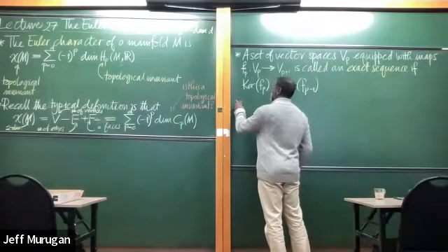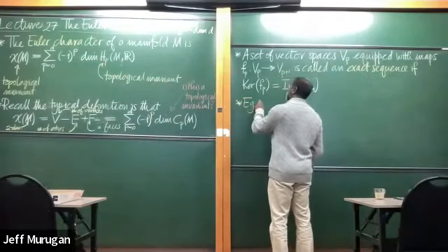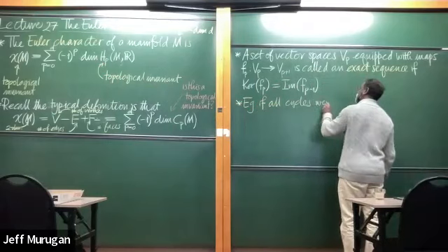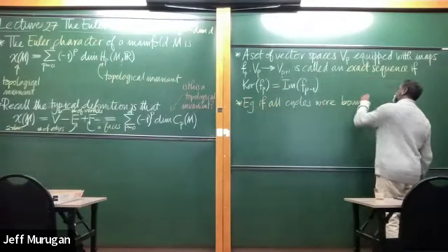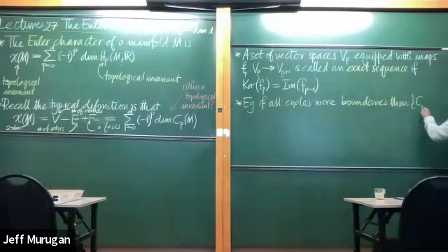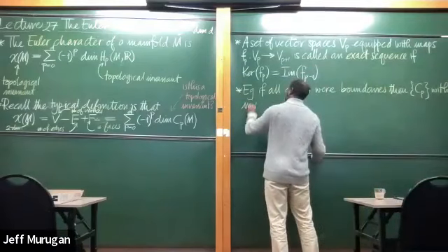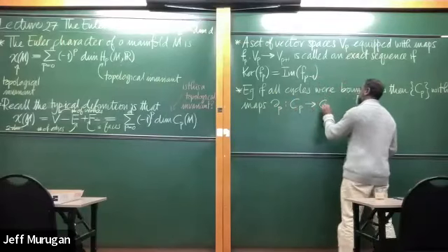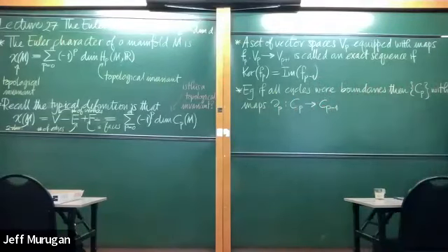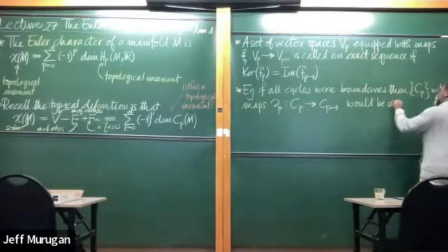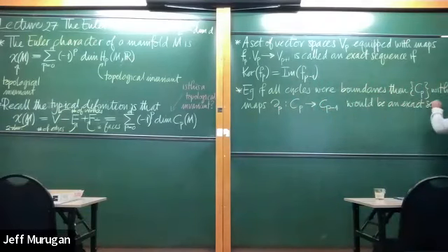So, as an example, if all cycles were boundaries, and we set C with maps D_p taking you from C_p to the boundaries, we would have an exact sequence.